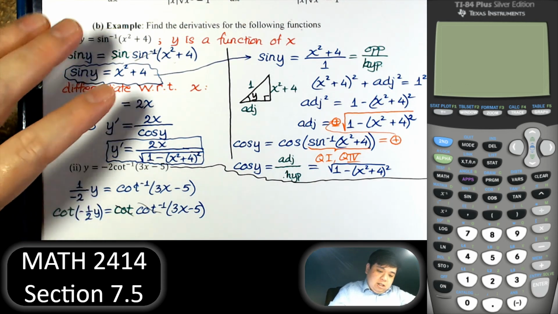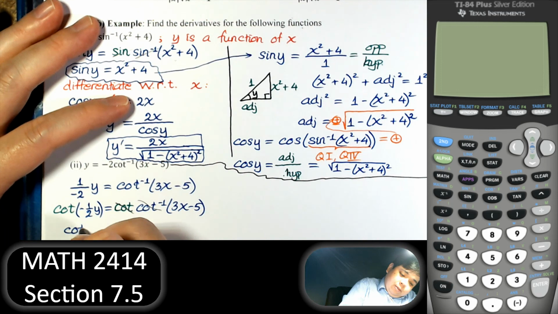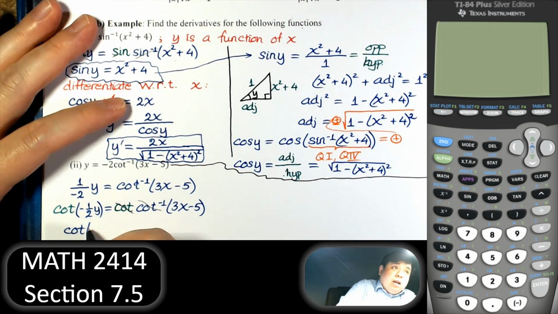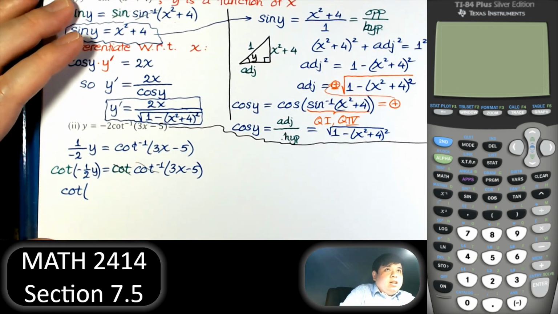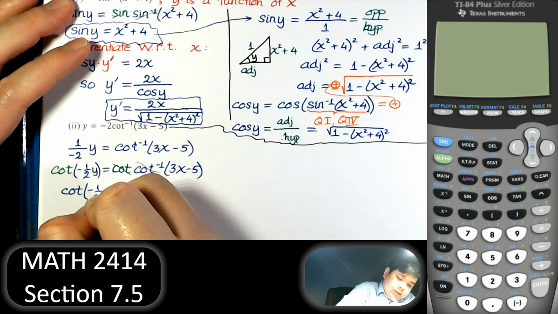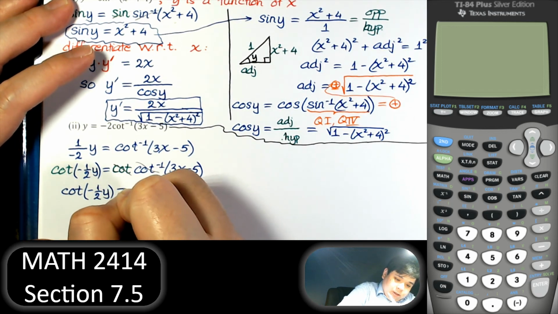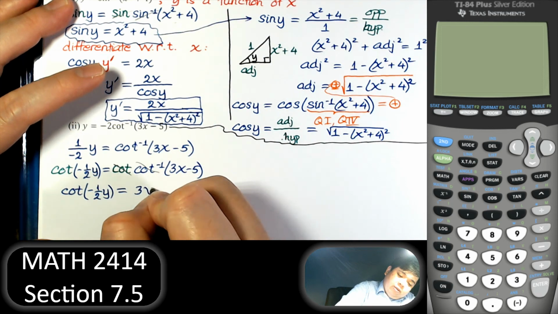So we have that. So cotangent of negative 1/2 y equal to 3x minus 5.